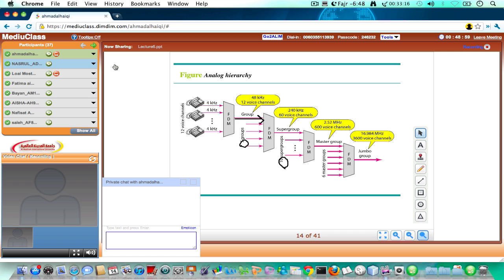And then again, they will take 6 master groups, and they will multiplex them into one jumbo group. This is to utilize the lines with very, very high bandwidth.